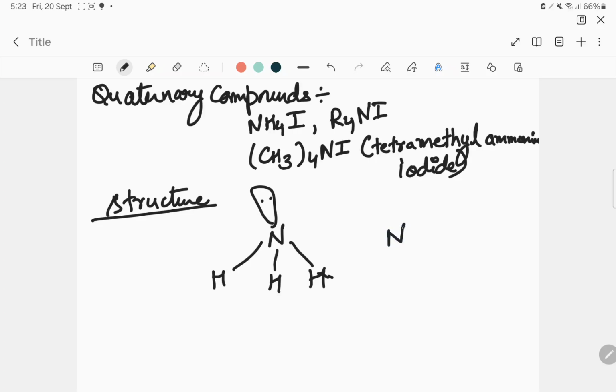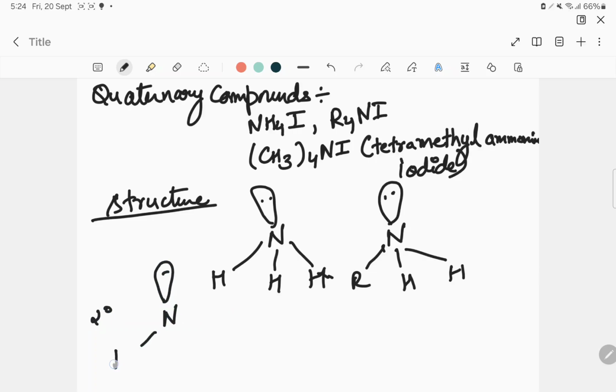They will have the structure R, H, H. They are having a similar sort of tetrahedral geometry. Secondary amines will also have the same kind of structure, and in the similar manner, tertiary will also have the same type of structure. They are all going to be tetrahedral.